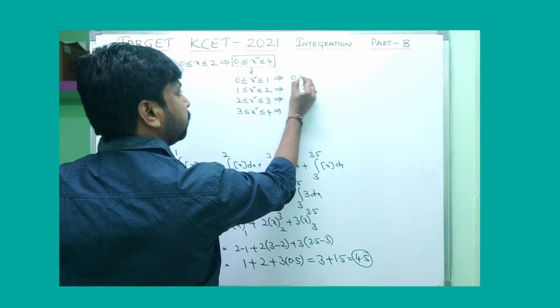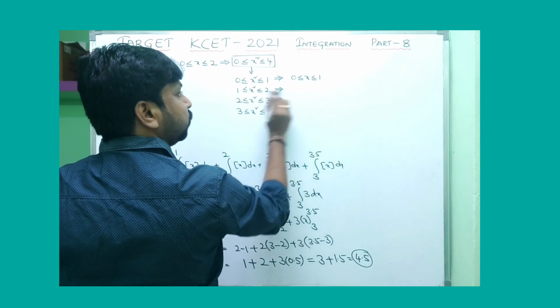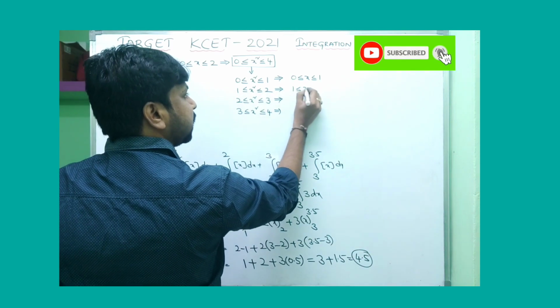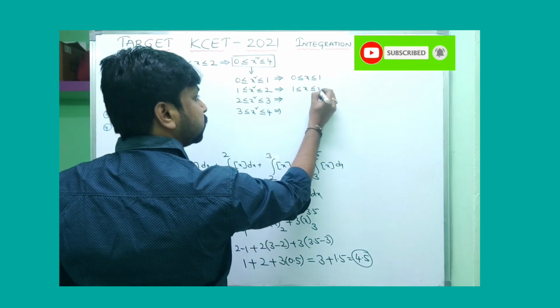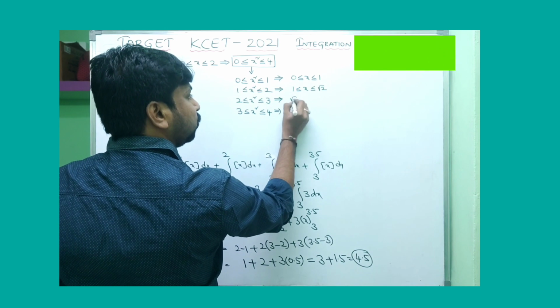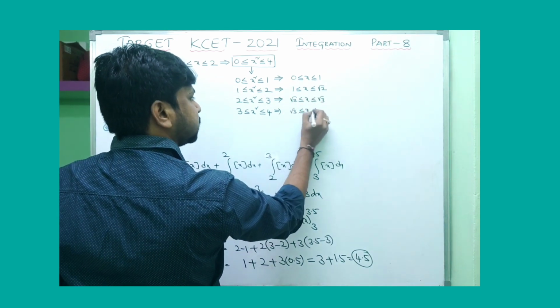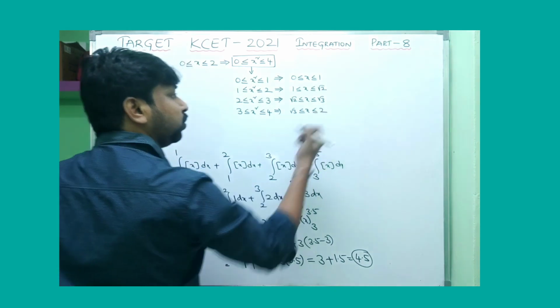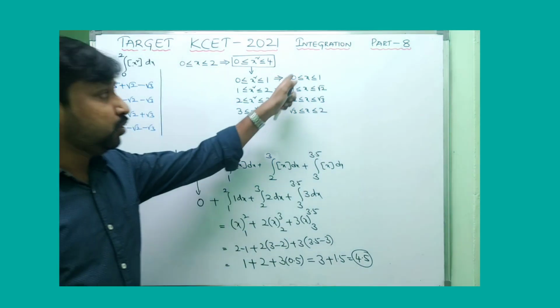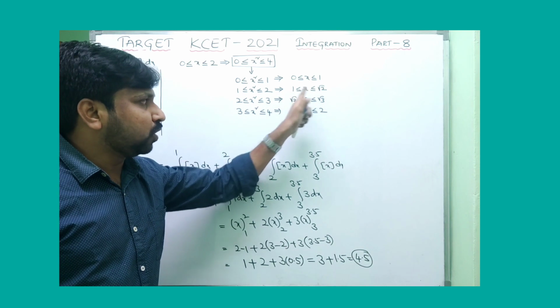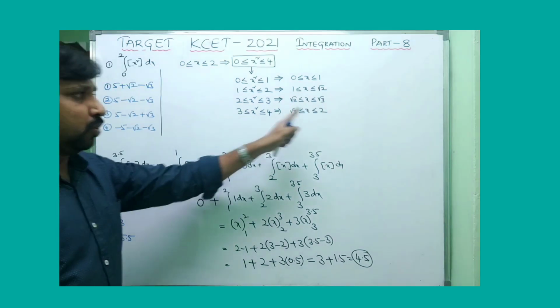Then apply square root on both sides: 0 less than or equal to x less than or equal to 1, 1 less than or equal to x less than or equal to root 2, root 2 less than or equal to x less than or equal to root 3, and root 3 less than or equal to x less than or equal to root 4, which is nothing but 2. Now your new limits are 0 to 1, 1 to root 2, root 2 to root 3, root 3 to 2.